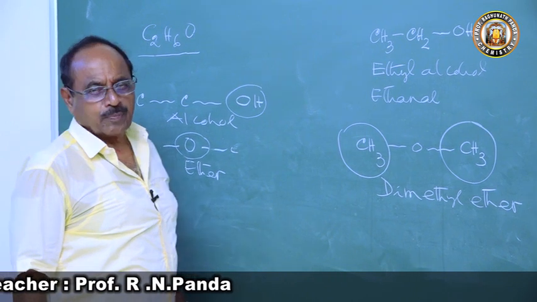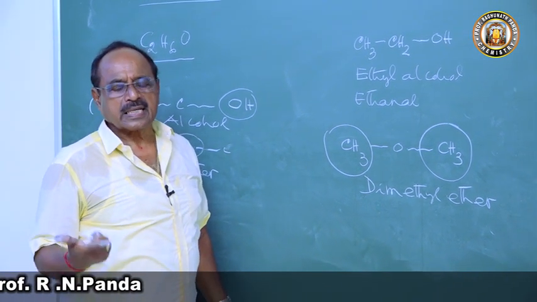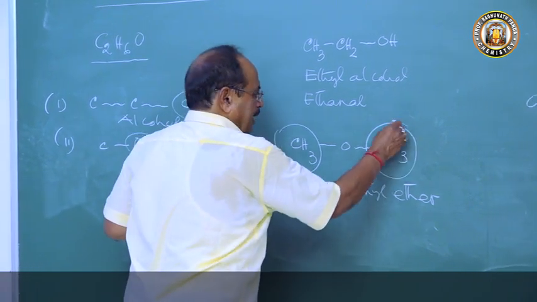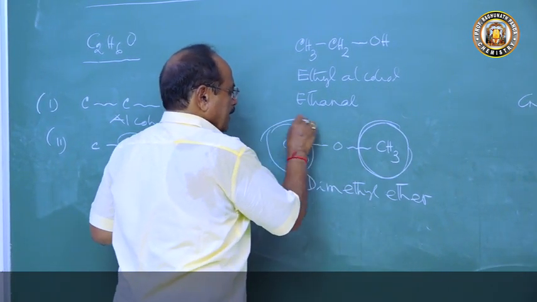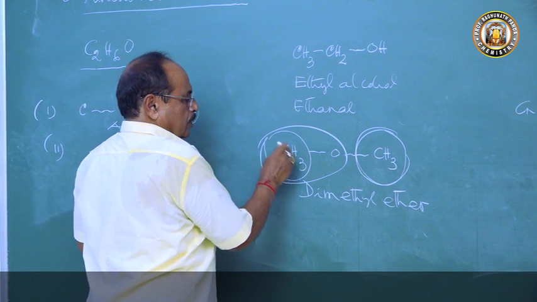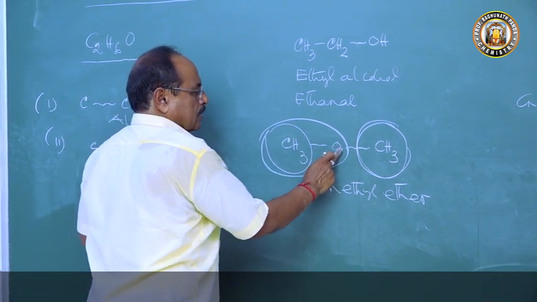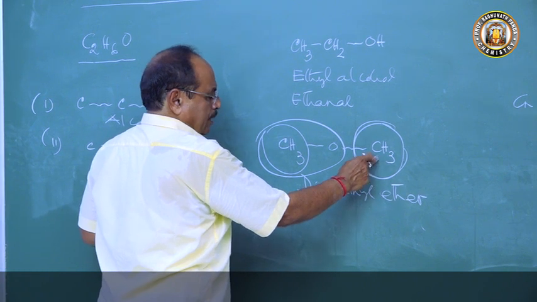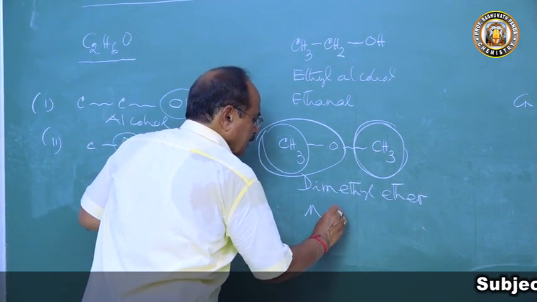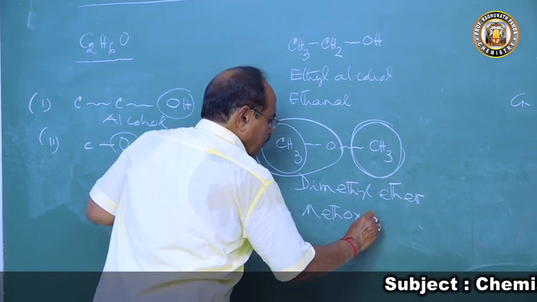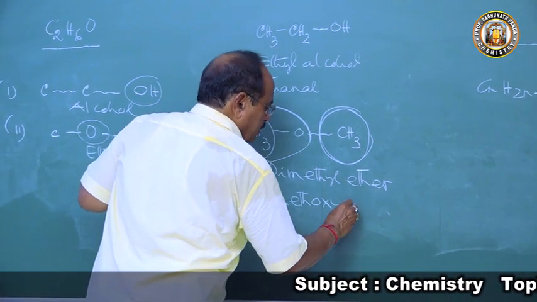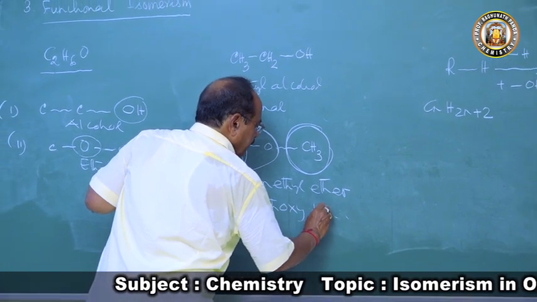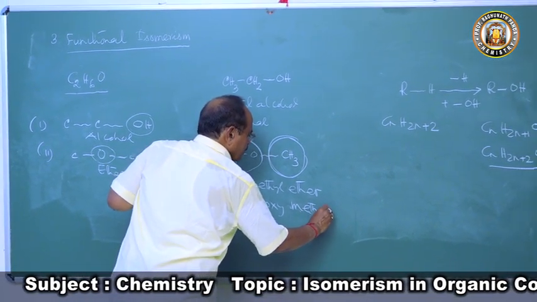For the IUPAC name, choose the longest continuous carbon chain as the alkane, and the other part is the substituent. CH3O is called the methoxy group, bonded to methane. So this is called methoxymethane. The IUPAC name of ether is alkoxyalkane.